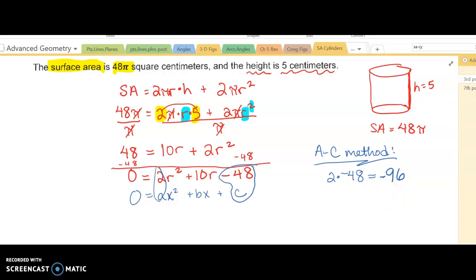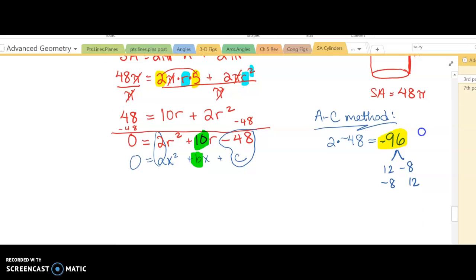And then our next step, once we have that product, is we ask ourselves what numbers multiply to be negative 96 that add to be 10, to add to be our B term, right? And so what numbers multiply to be negative 96? You could do 12 and negative 8, or negative 8 times 12 would be 96.